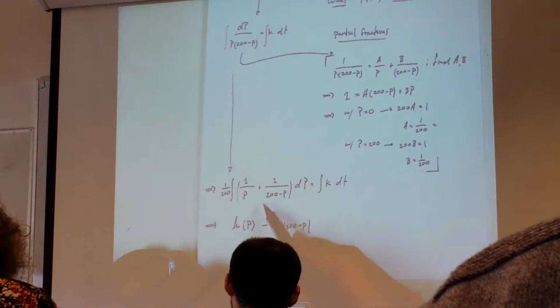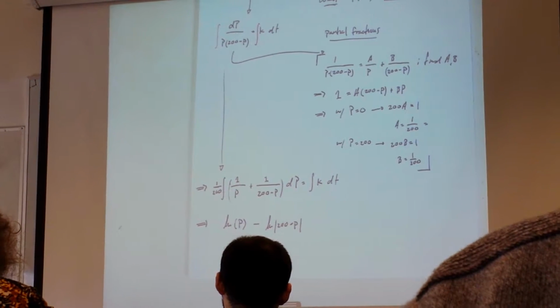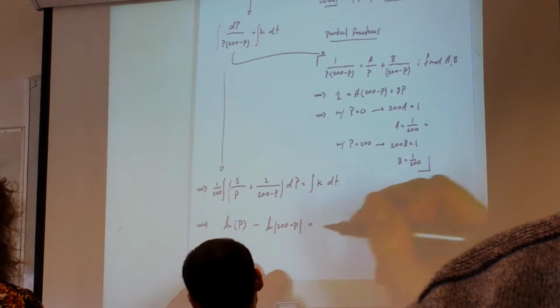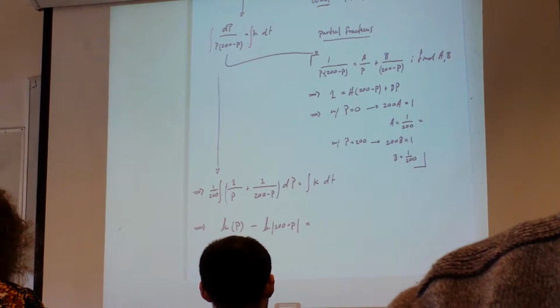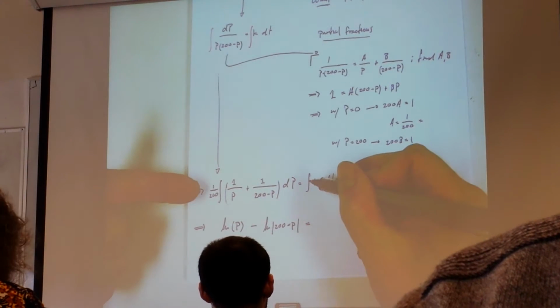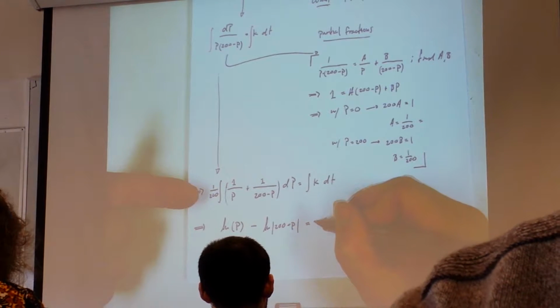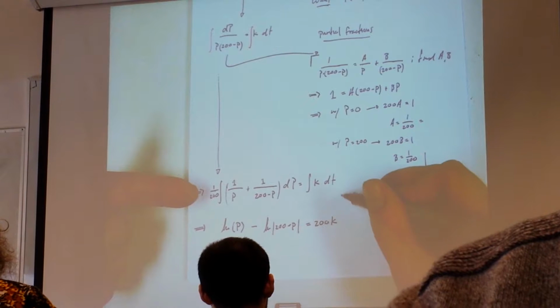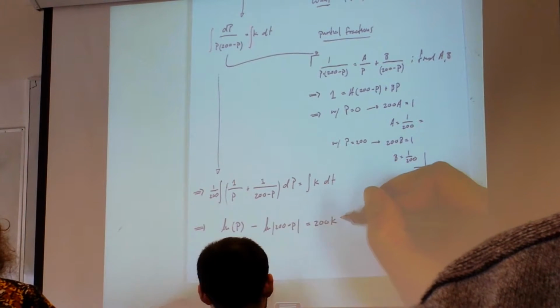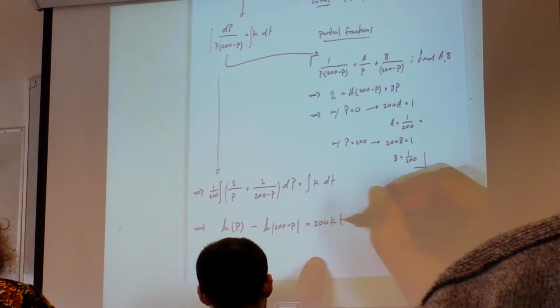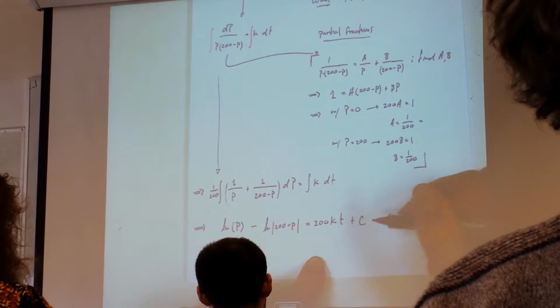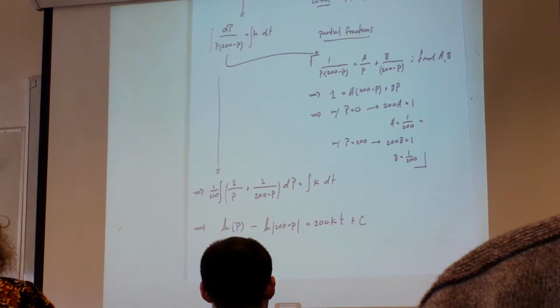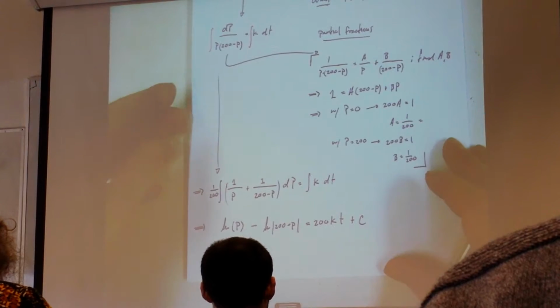It's going to knock that out and make it plus again. Okay? Equals, what do we got on the right side? 200kt. All right, yeah, we multiply both sides by 200, so I'm going to have 200kt. K, we're integrating with respect to t, so I don't get k squared over 2. This is constant with respect to t, so I just pick up the linear term, okay, plus some arbitrary constant there. Okay.